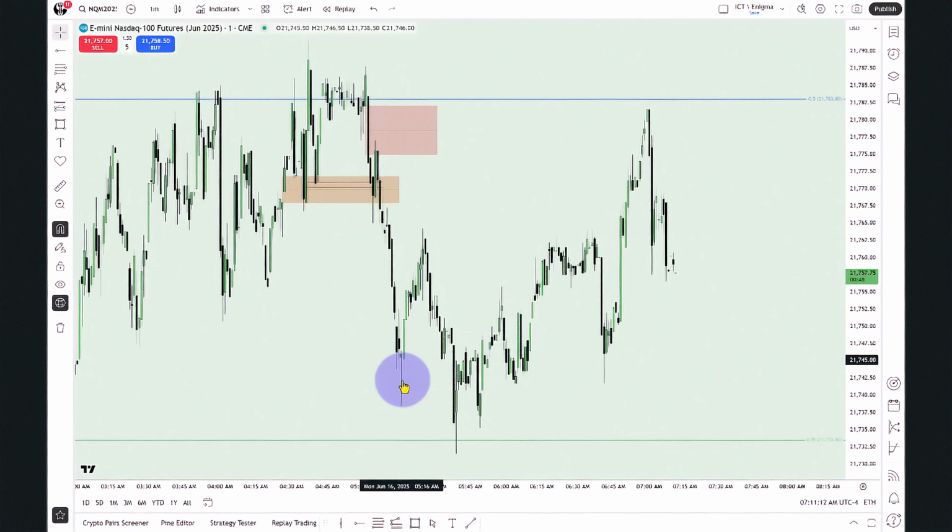Well, because the market's fickle and it's being held in a range where buys and shorts are struggling to find the courage to hold on to them, when the market finally does break below this swing low and this swing low right there, that's a shift in market structure.